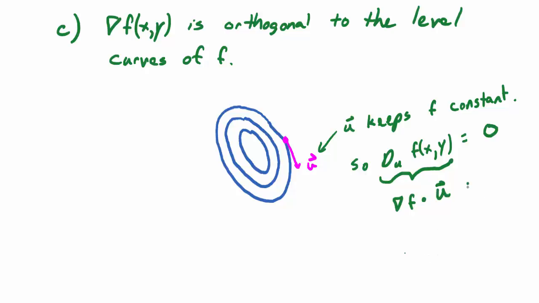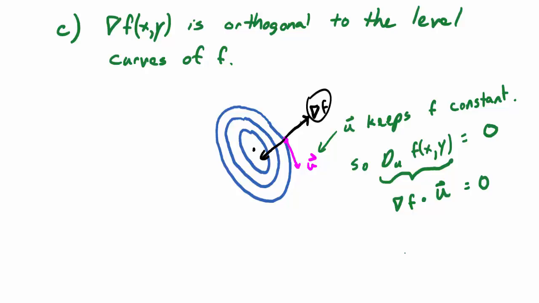So if del f dotted with u is 0, then that means you've only got two choices. Either del f points this way, if it's increasing most rapidly in that direction, or this way, if the peak of the mountain is, say, over here, right?